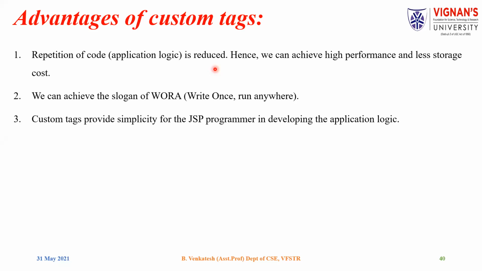This is obviously correct, because when the repetition of code is reduced, the performance of the system automatically increases, and it also takes less memory. Then we can achieve the slogan of WORA, that means write once, run anywhere. You write only one time and the same code can be used any number of times anywhere. That is the main advantage of custom tags.